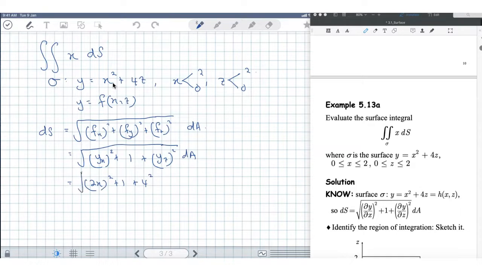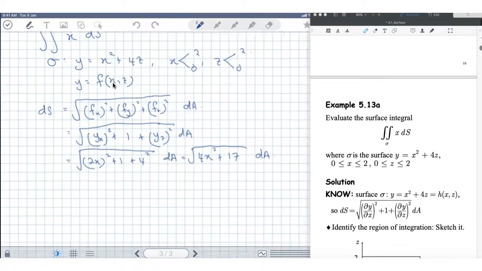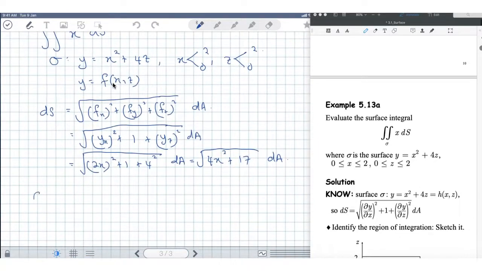Then simplify, and we have the square root of 4x squared plus 17 dA. So now your surface integral becomes the double integral of x times the square root of 4x squared plus 17 dA.